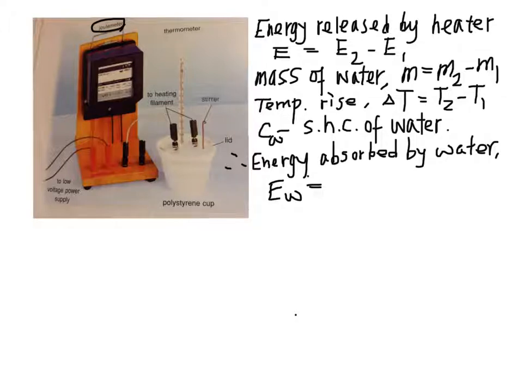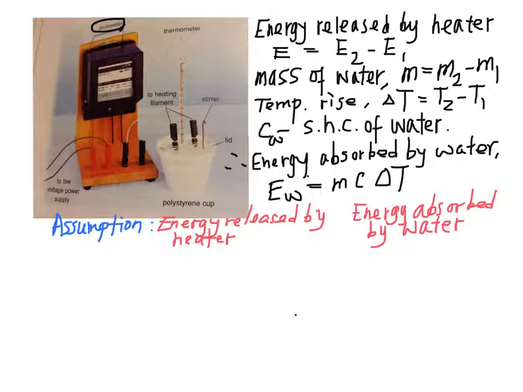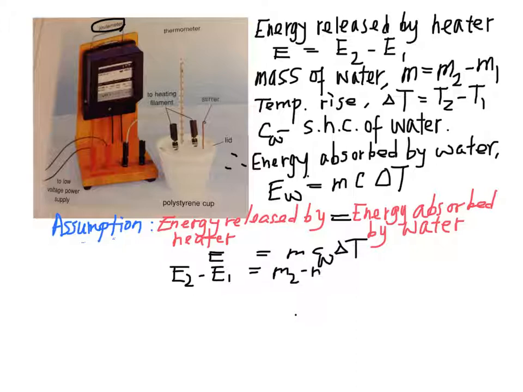In this experiment, the energy absorbed by water is Ew equal to m c delta T. If we have the following assumption: all the energy released by the heater is equal to the energy absorbed by the water, that means there is no energy lost to the surrounding, then we will have E equal to m c delta T, or E2 minus E1 equal to (M2 minus M1) Cw (T2 minus T1).